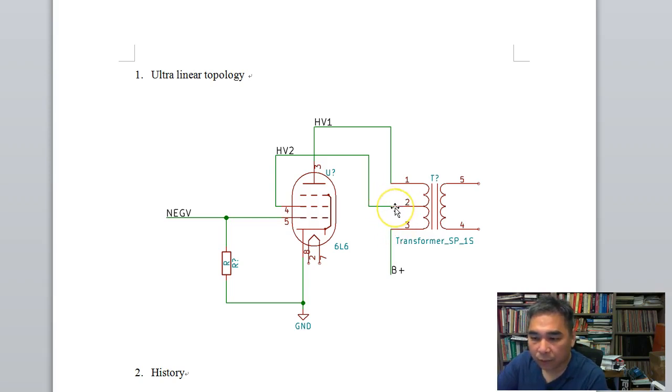And if the tap is very close to the plate, the operation will be identical to a triode-connected output tube.